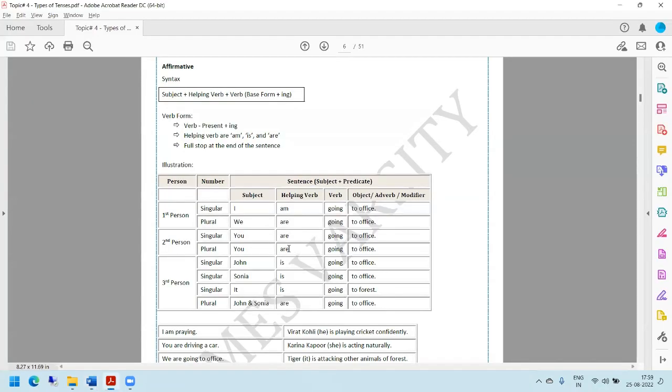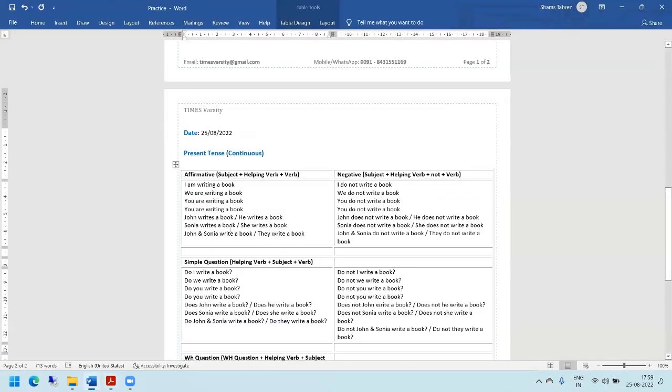Now, what about here? John is writing a book. The helping verb is used, so John is writing a book, or he is writing a book.